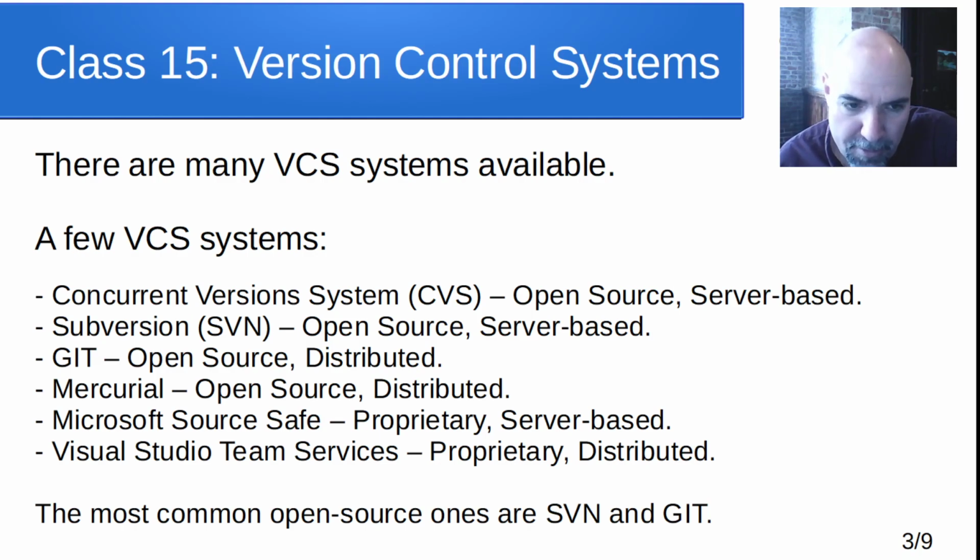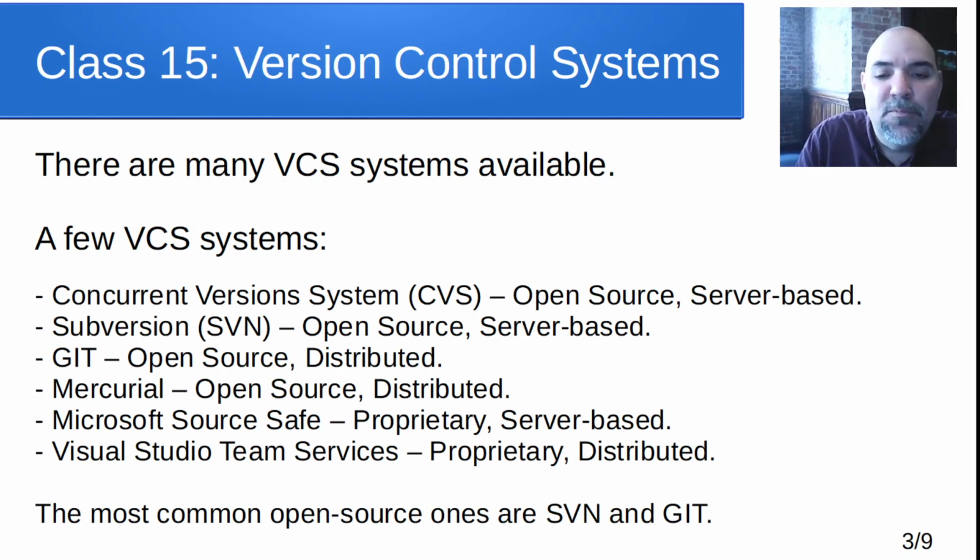There's Mercurial, which is open source, and then there's Microsoft SourceSafe, a Microsoft product for version control. It's proprietary, not open source, but it's server-based, a centralized model. And then there's Visual Studio Team Services, which is also a Microsoft-created proprietary versioning system that's distributed.